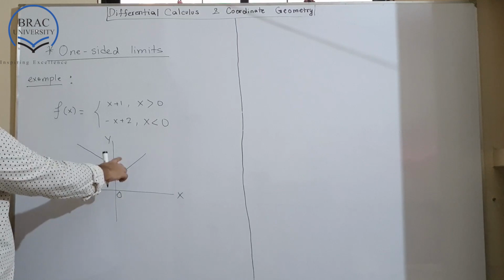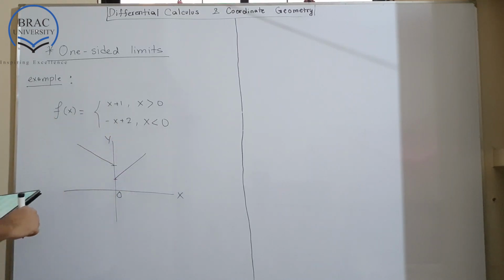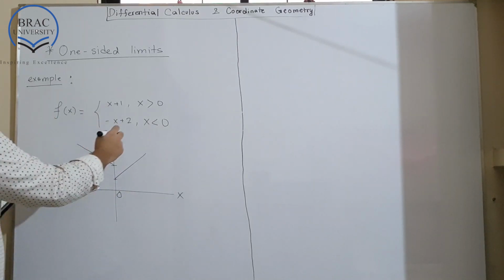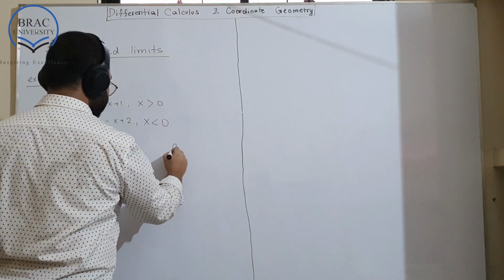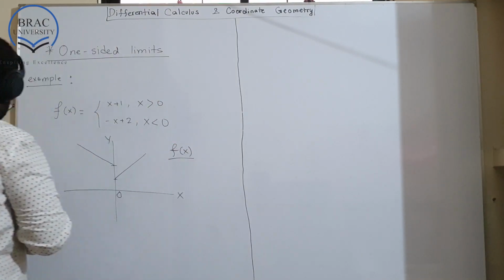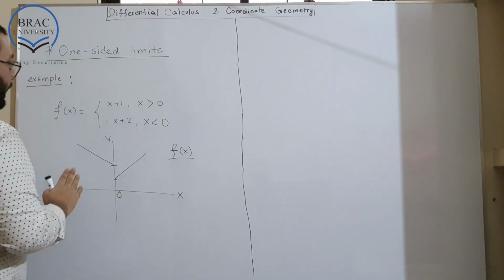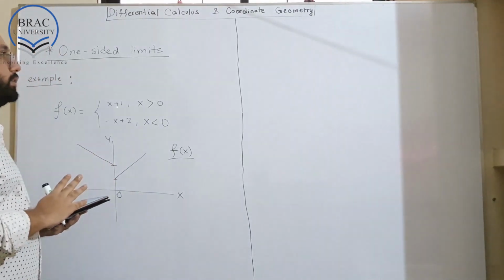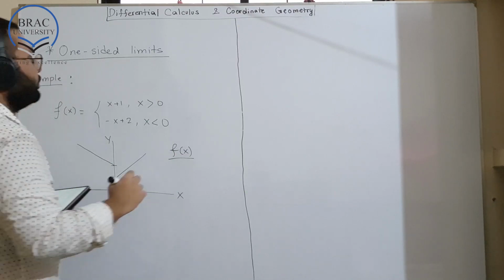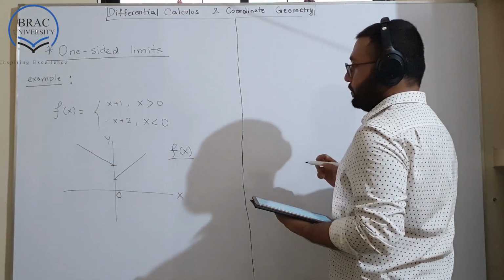This is the graph of this piecewise function f of x. What we are going to do is compute the left hand limit and the right hand limit of this function. Let's find the left hand limit first.